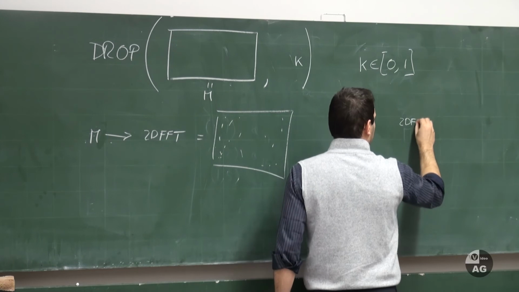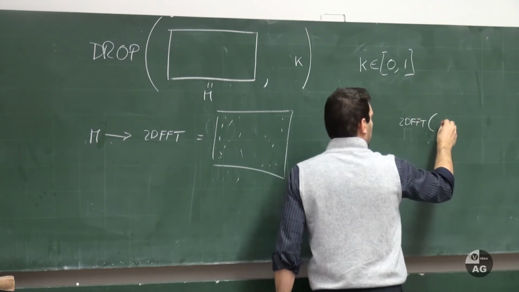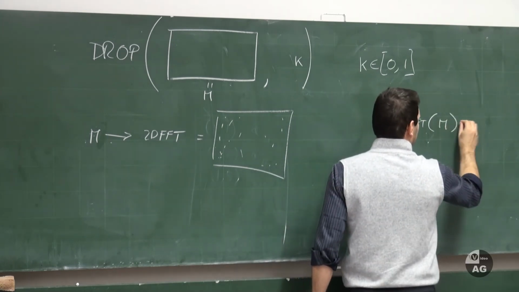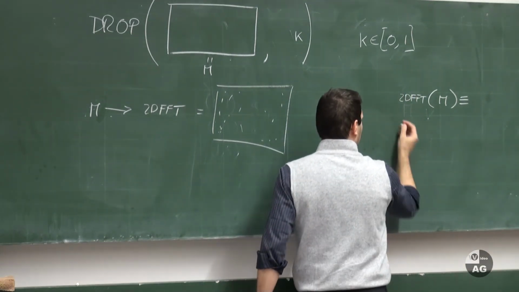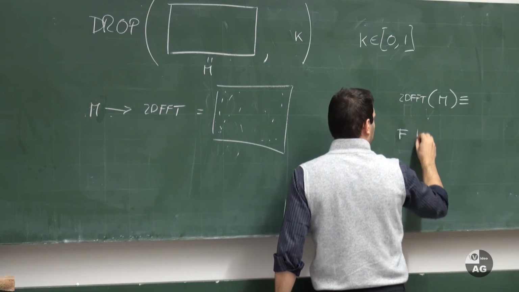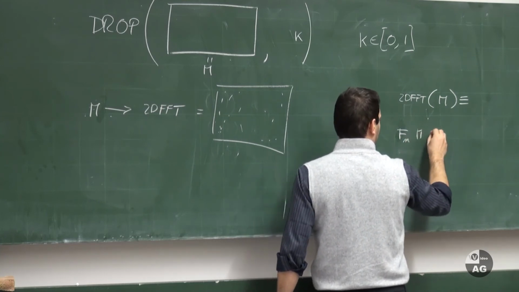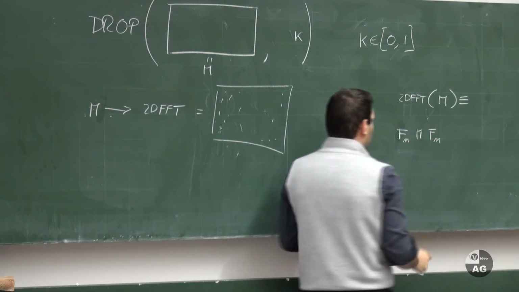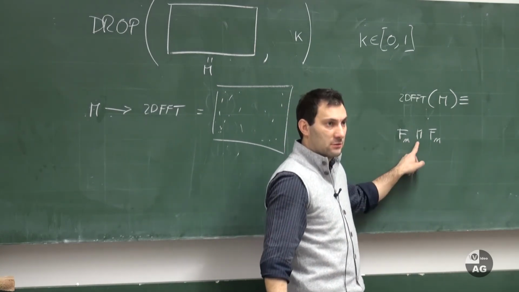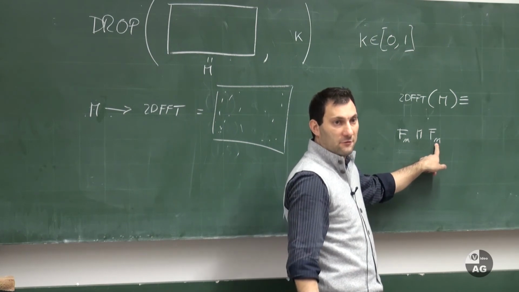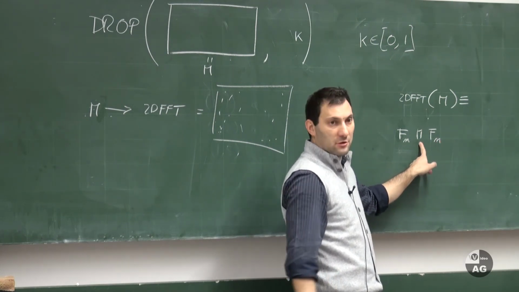The 2D FFT of a matrix is the same as the 1D FFT of all the rows and the 1D FFT of all the columns.